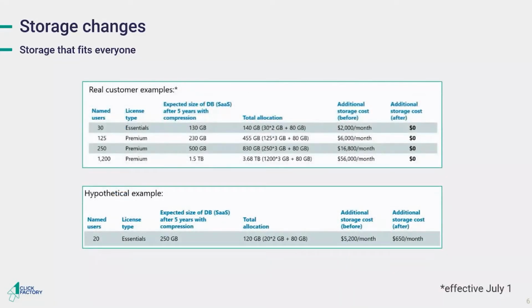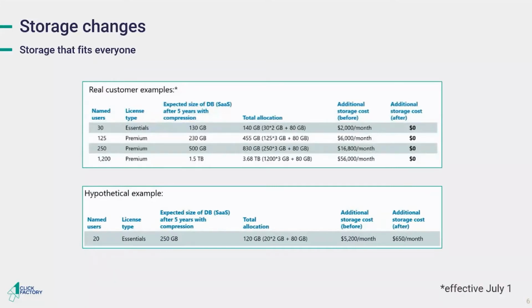How did Microsoft do these calculations, and why do they think this should solve most of the problems for partners? This is based on real customer example calculations, and as you can see, most of the time with this additional storage you are covered.